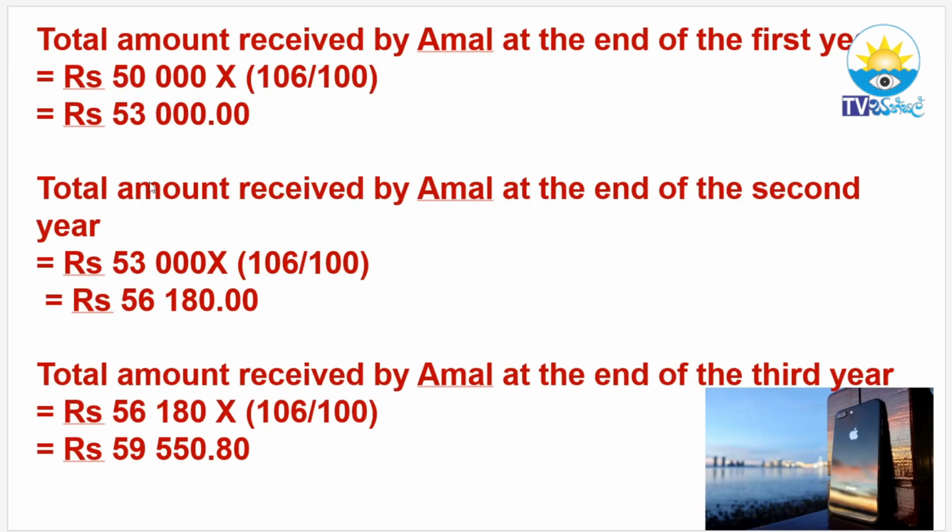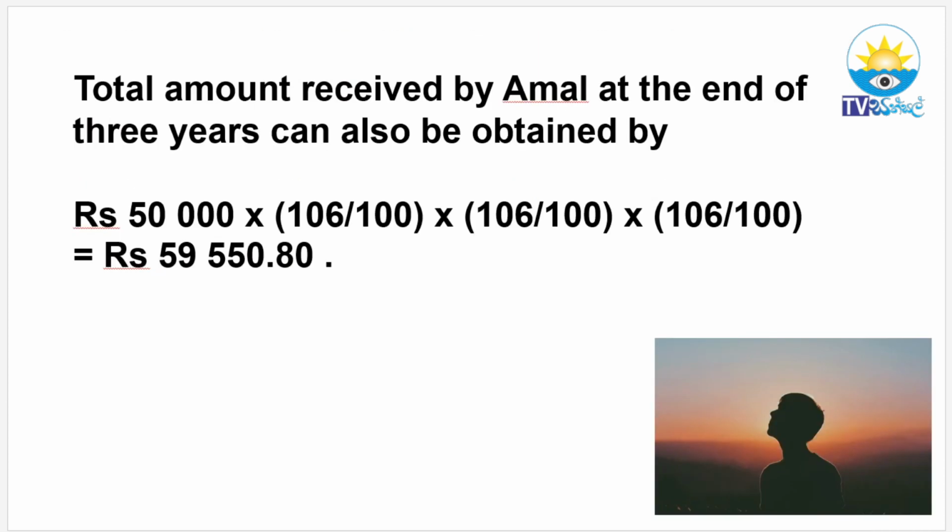By using that long method, you have obtained the same answer, 59,550 and 80 cents. By using this short method, you also obtain the same answer. No problem. No matter how you solve that problem, you will score the same amount of marks in your examinations.